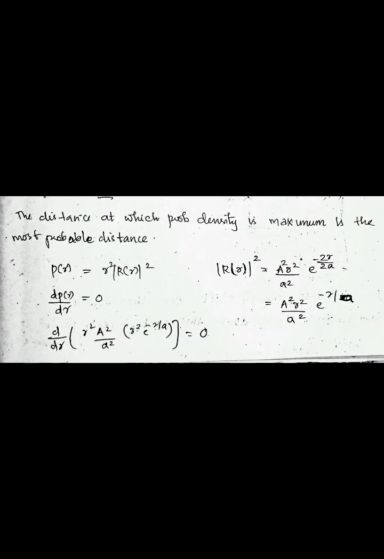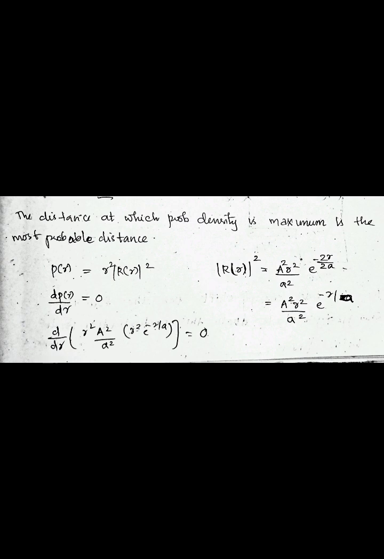The next question is, the radial wave function is R is equal to A r by a into e raised to minus r by 2a. If gamma a is the most probable distance of particle from center, then what is the value of gamma? So the most probable distance is the distance at which the probability density is maximum.